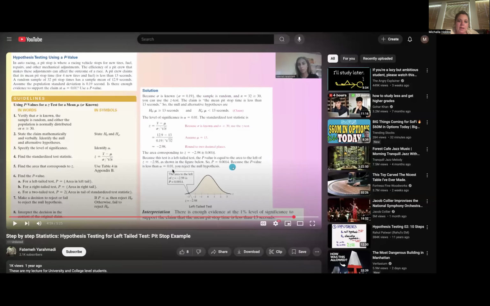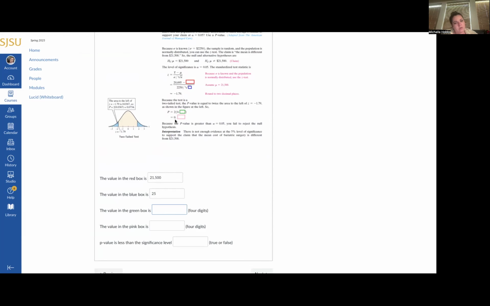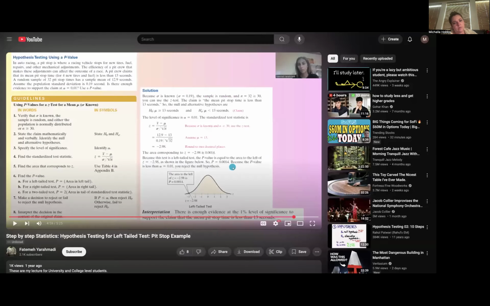Negative 2.98 was on the other one. So the p-value, because this is a two-tailed test, is twice the area.